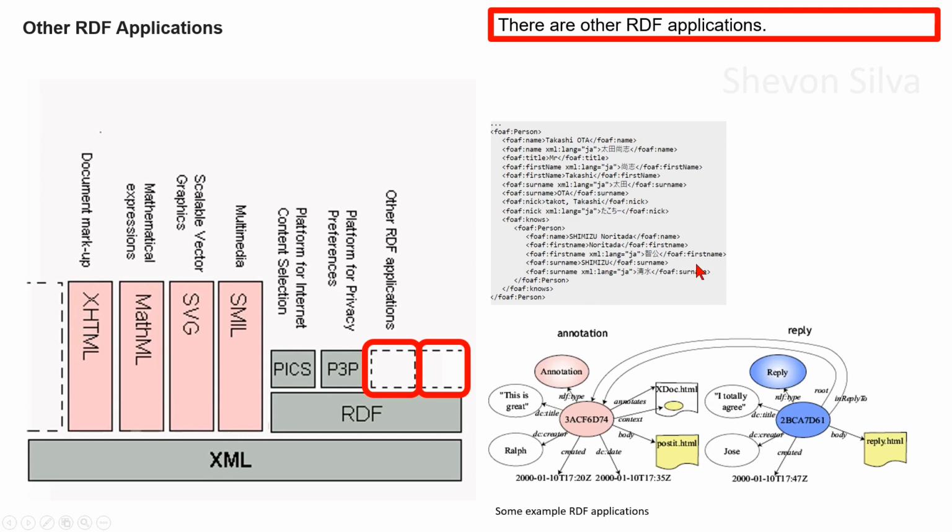So you can see name and knows and things, and this is another diagram. The in-reply-to is there, and some sample applications.